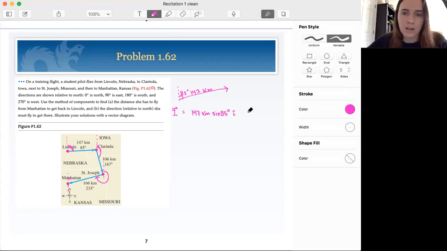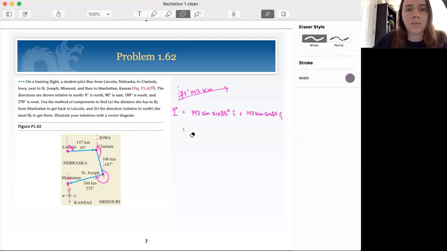Okay, so then our y component is going to be our 147 kilometers adjacent to 85 degrees. So that's going to be cosine 85 j hat. Okay, actually no, we're going to leave them like that for right now.